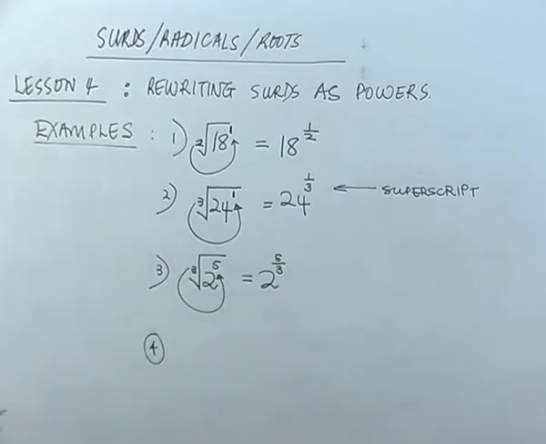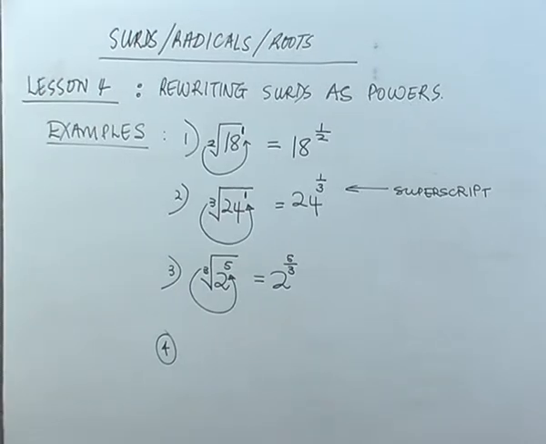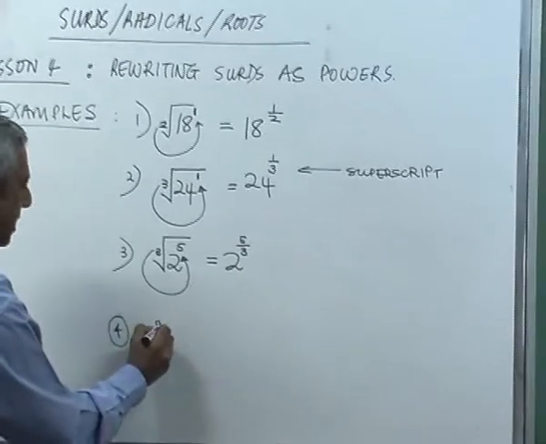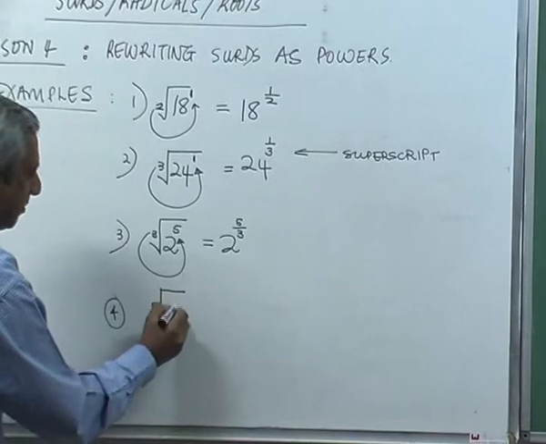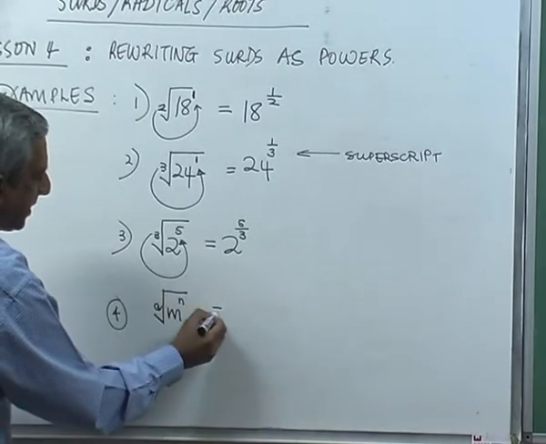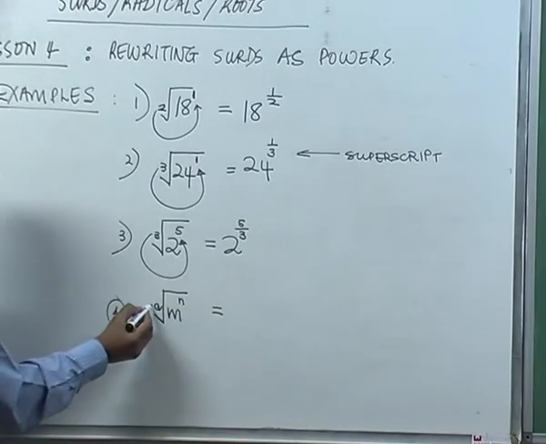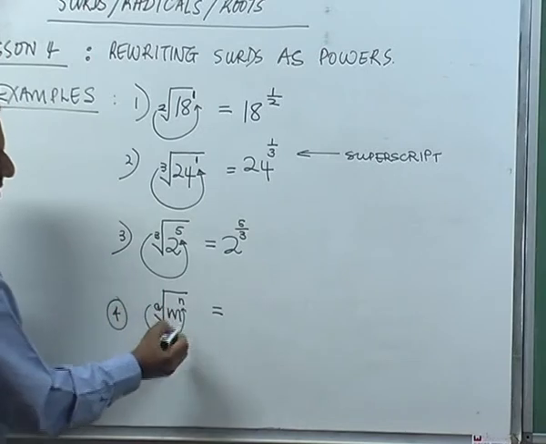Let's do another example. Suppose you had some letters now. Say you had A root of m to the n. Then by the same principle, the A will become the denominator.